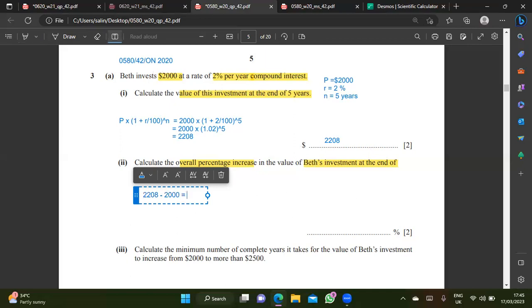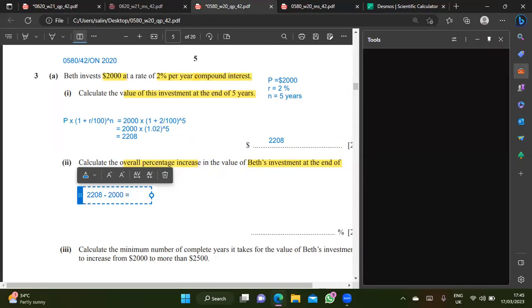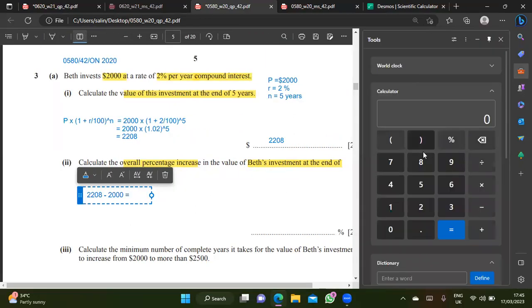Okay. So find the difference between after 5 years and the initial investment. So after 5 years, 2208. Then you minus with 2000. This is the starting capital. There you go, 208.